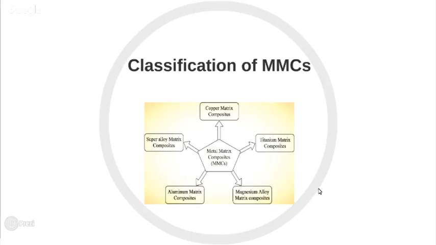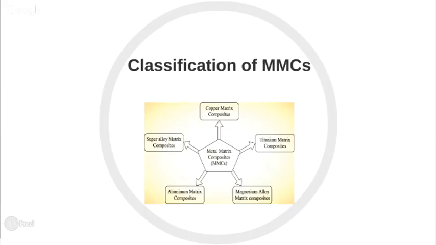Apart from this, composites are classified with respect to their reinforcement. We call that primary reinforcement as well as secondary reinforcement. Primary reinforcement means the major chunk of reinforcement, like silicon carbide, close to 10 to 15 or 20% of the total volume or total weight, it depends.